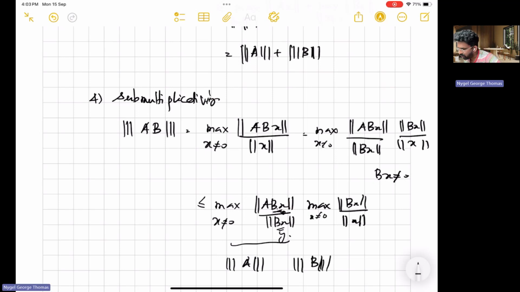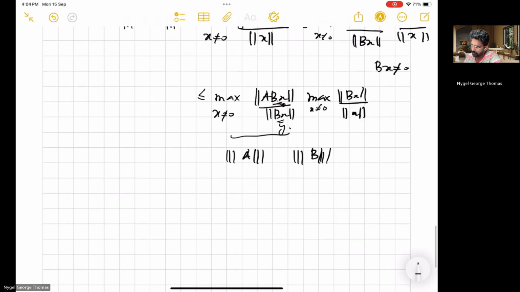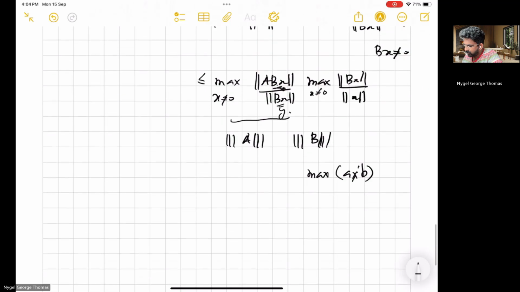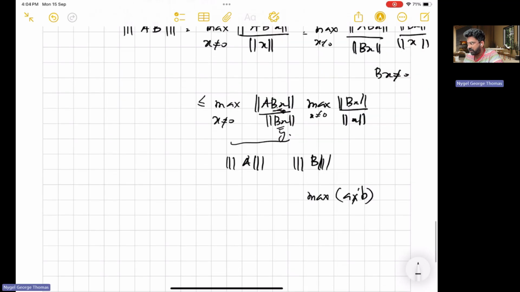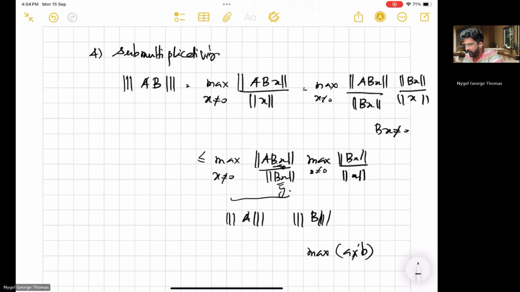But I'm not really sure why this inequality holds, because I have max of, let's try to understand this, max of A into B. Both are positive quantities, right?